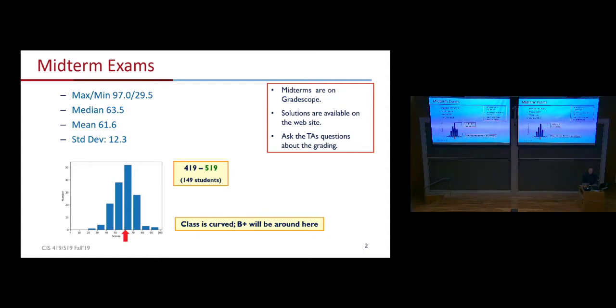If you did less than that, you should work harder or figure out what you did wrong. Either way, solutions are available or will be available any time now. So go over it and try to understand. Ask questions in the office hours and the recitations. Okay, questions?